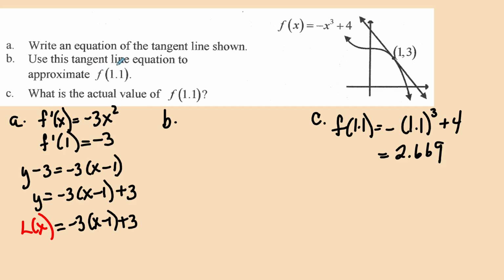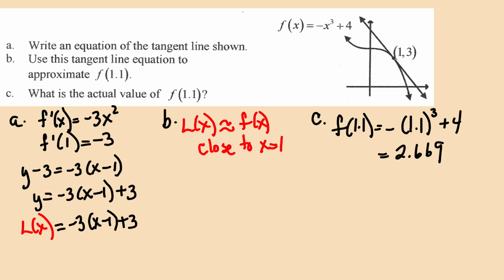So I have found the equation of the tangent line. I'm going to use the tangent line equation to approximate f of 1.1. So the linearization is approximately the function as long as I'm close to x equal to 1.